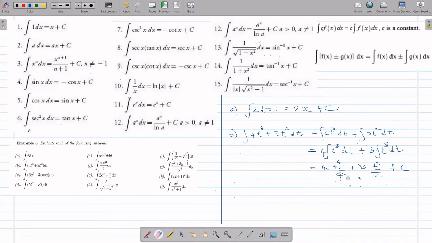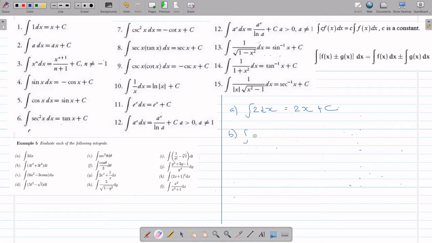Okay, I'll give you one to try. This is integration, and we break it down using the sum rule.